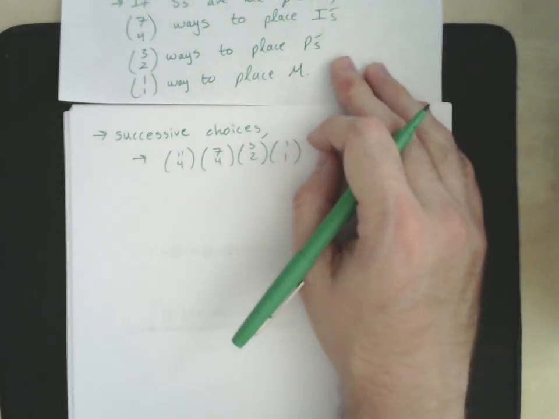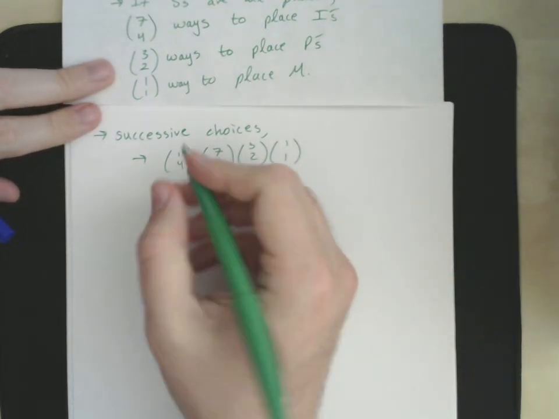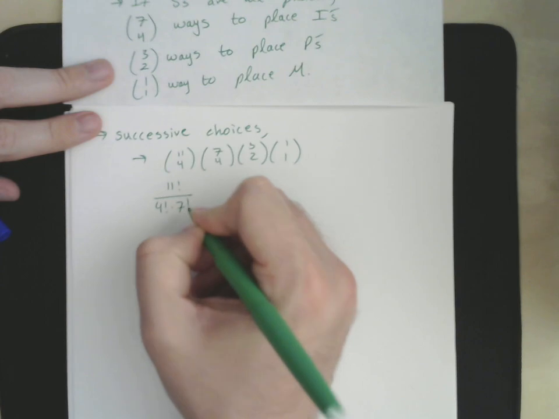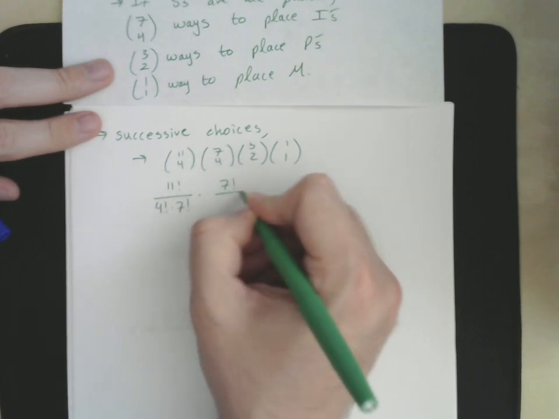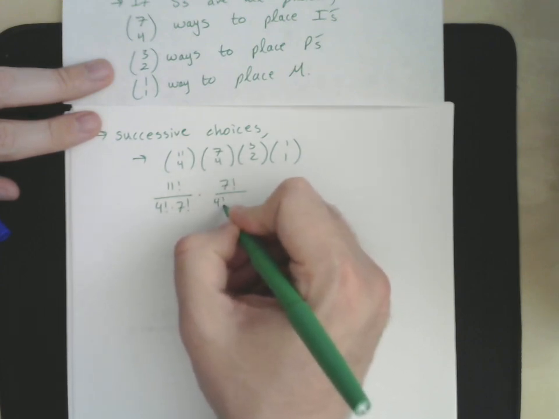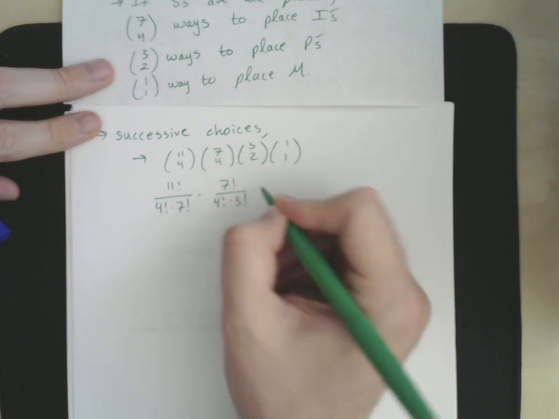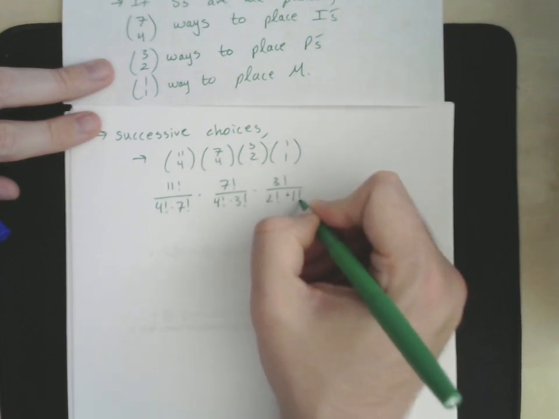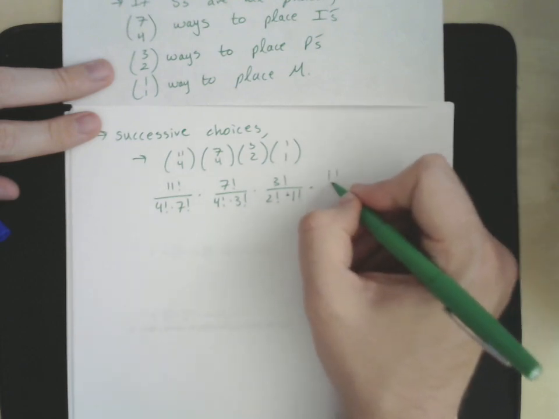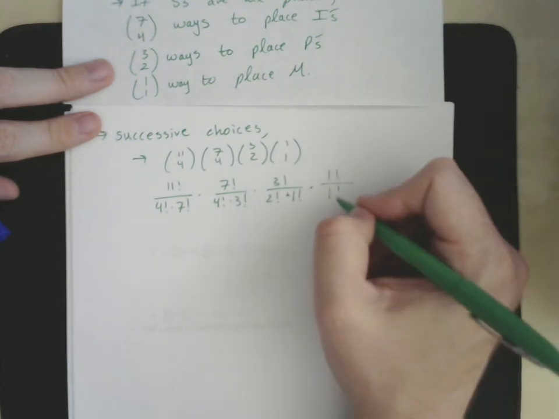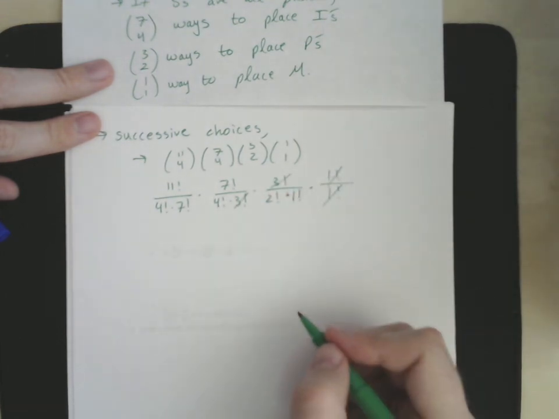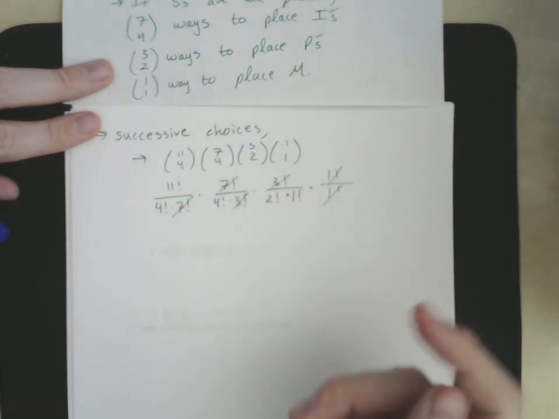And then we're just multiplying that out. 11 factorial over 4 factorial times 7 factorial, times 7 factorial over 4 factorial times 3 factorial, times 3 factorial over 2 factorial times 1 factorial, times 1 factorial over 1 factorial. So obviously those cancel themselves. 3 factorial cancels with this 3 factorial. 7 factorial cancels with this 7 factorial.